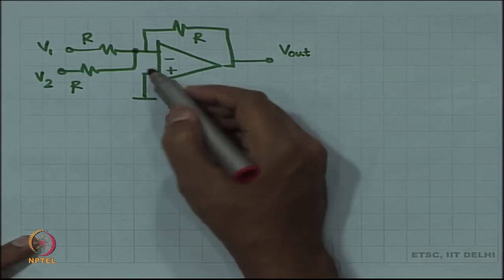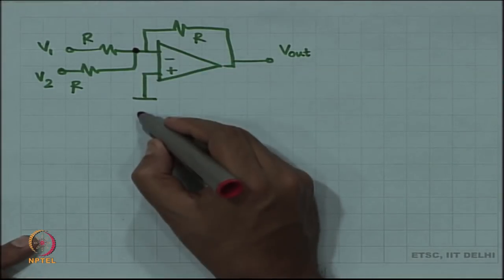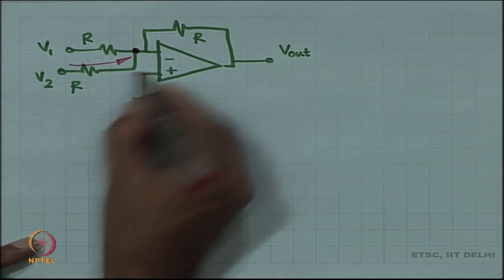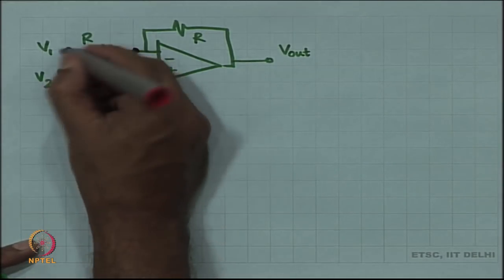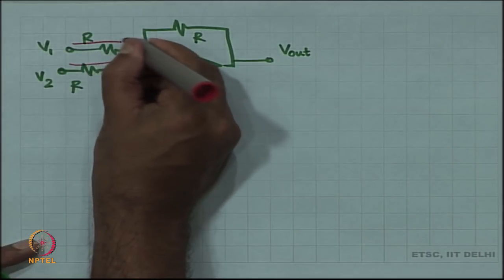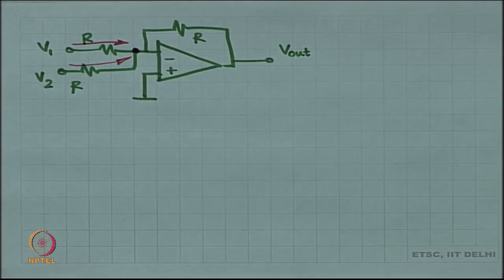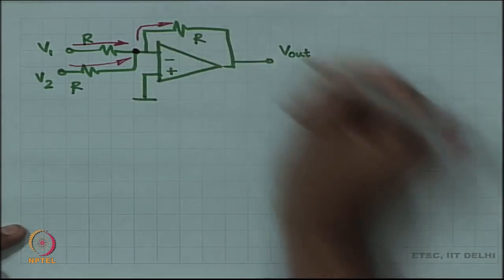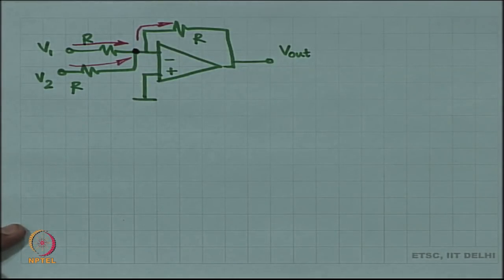In this case there is negative feedback, so the voltage here is going to be 0. That means the current in this path is V 2 by R, the current in this path is V 1 by R, and by KCL the current in the feedback path is V 1 by R plus V 2 by R.